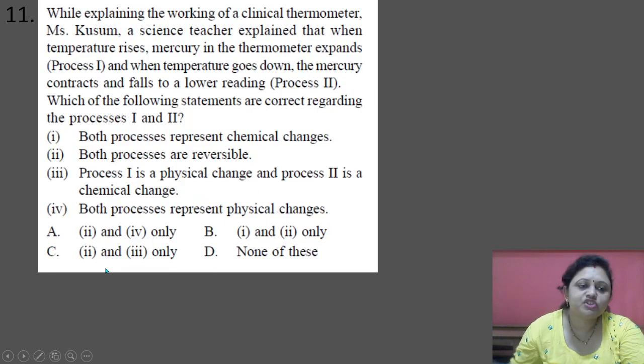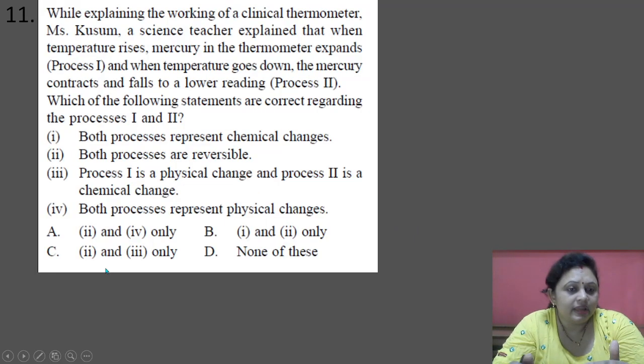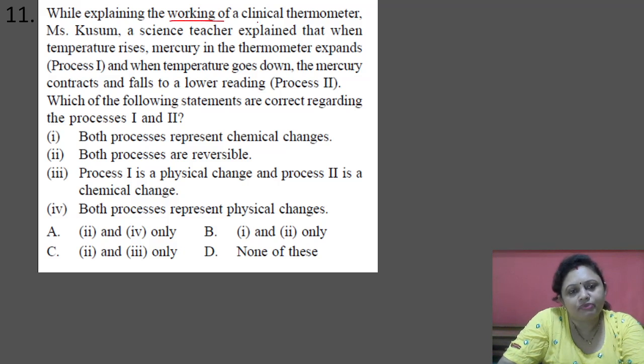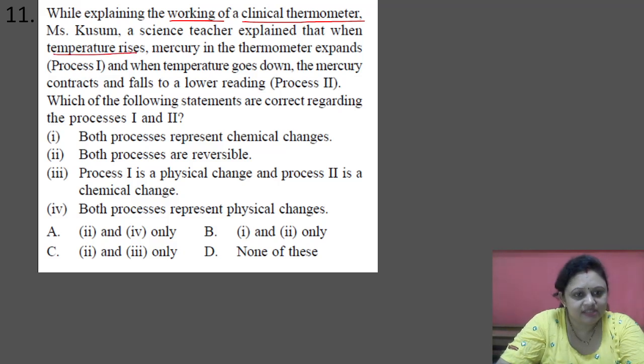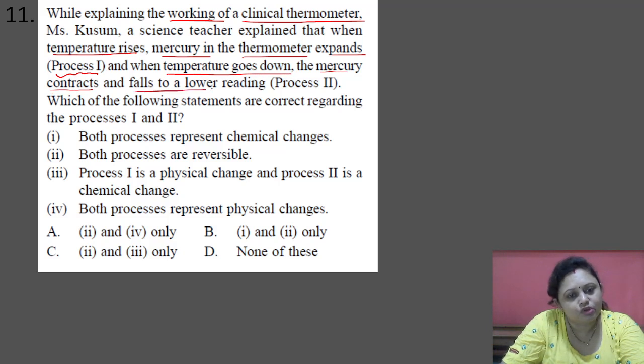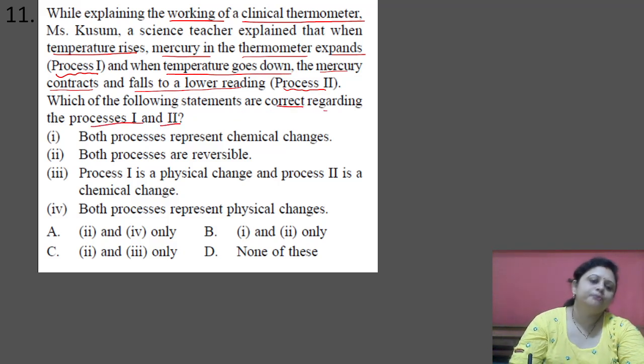Coming to the next question. While explaining the working of a clinical thermometer, Ms. Kusum, a science teacher, explained that when temperature rises, mercury in the thermometer expands, which is process 1. And when the temperature goes down, the mercury contracts and falls to a lower reading, that is process 2. Which of the following statements are correct regarding processes 1 and 2?